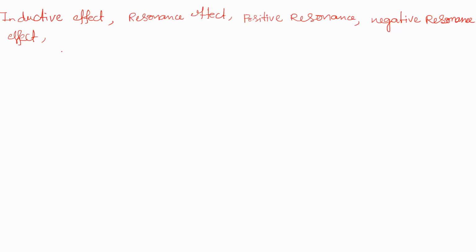We have also discussed the electromeric effect, and in the case of the electromeric effect there are two cases: the positive E effect and the negative E effect. We discussed all these effects with some examples.